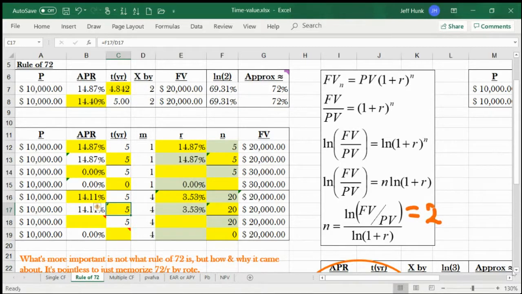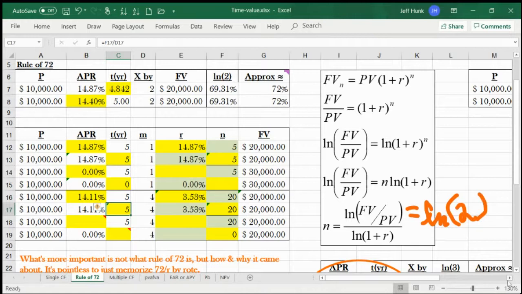That means it has to be 2. In other words, right? Actually, it's natural log of 2, because this numerator has to be natural log of 2.